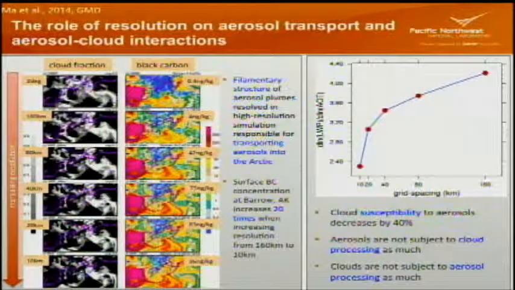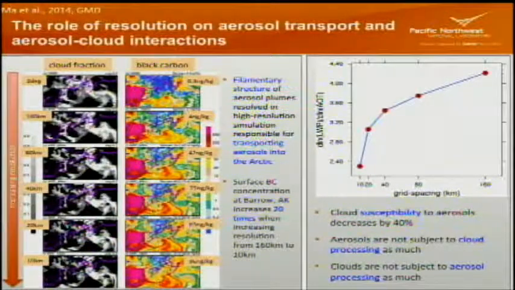Here, I want you to focus on these. This is very hard to see because it's so colorful. But this is CAM5 at 2 degree, and this is 160 kilometer, 80, 40, 20, and 10 kilometer resolution.